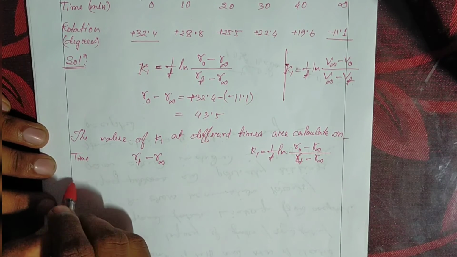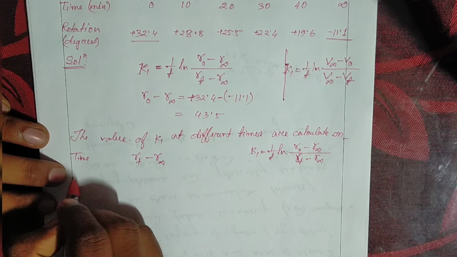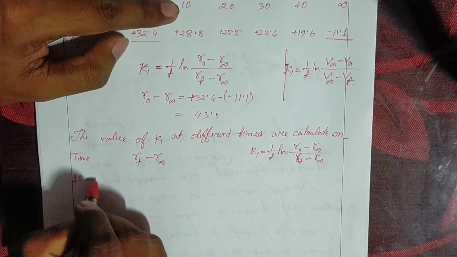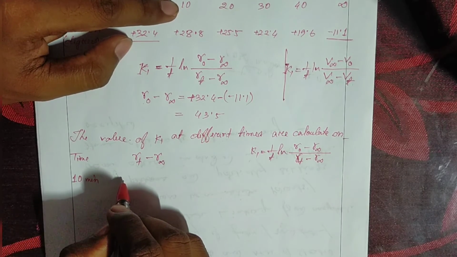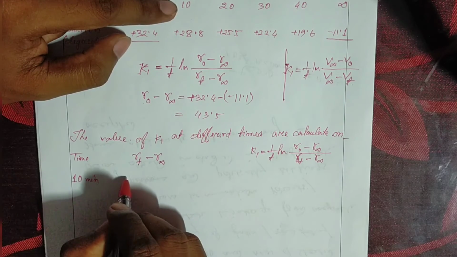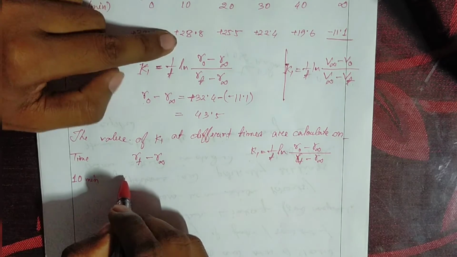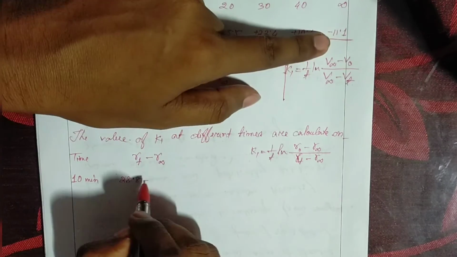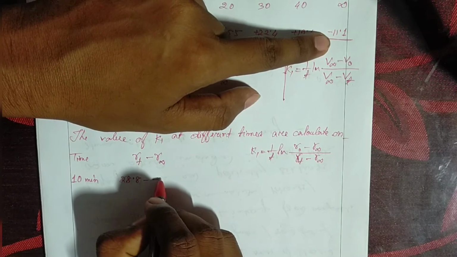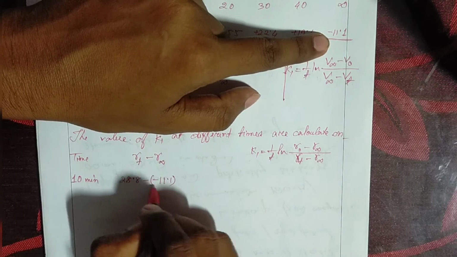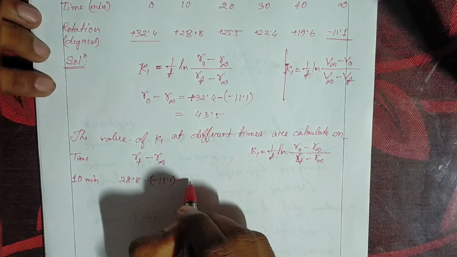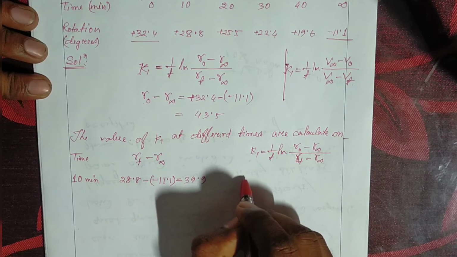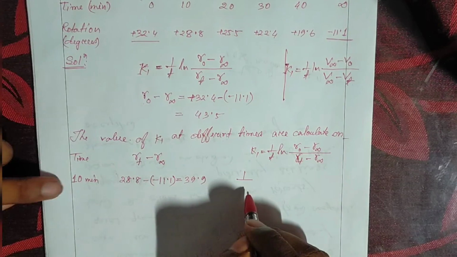So first of all, time is 10 minutes. When 10 minutes, it will be 28.8 minus R∞, this one, minus 11.1, so it will be 39.9.